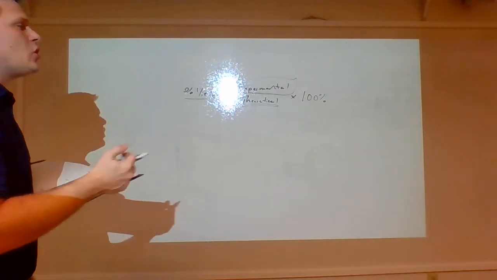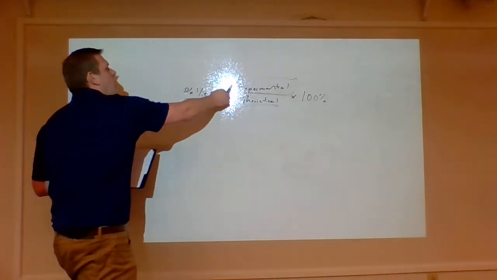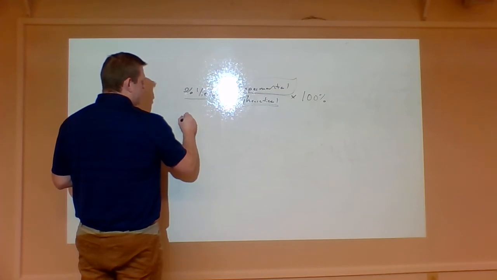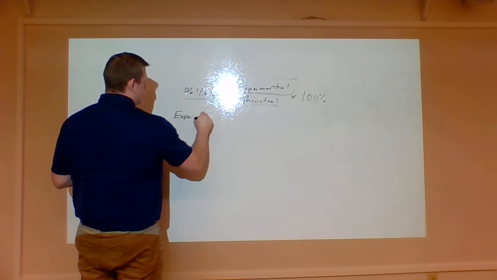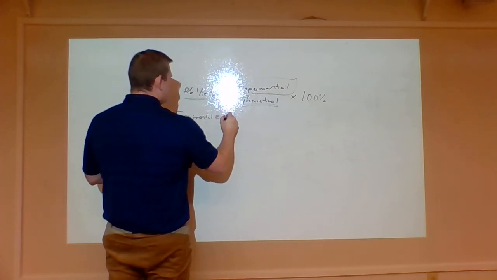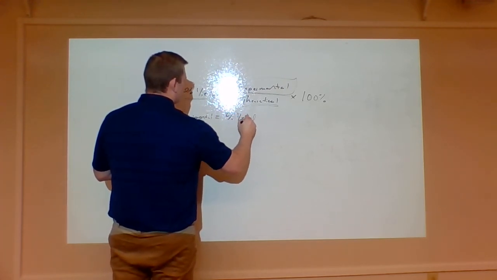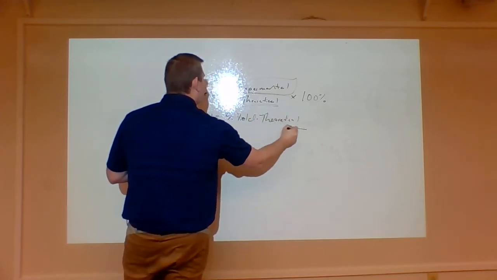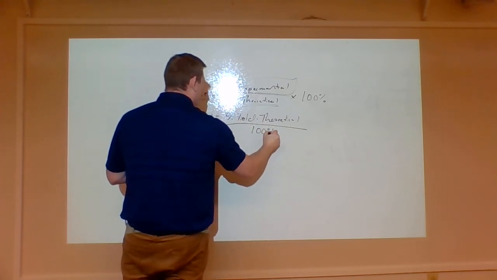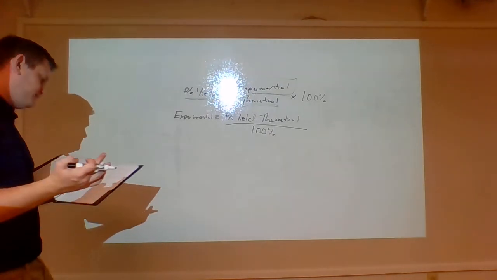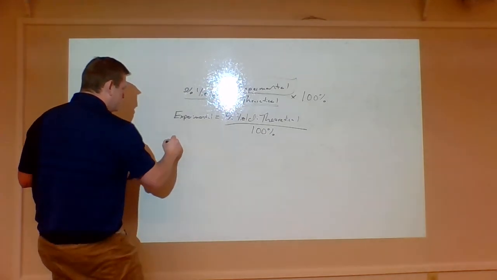So what we first want to do is rearrange the equation so that we're solving for our experimental yield. Now it says that experimental is equal to our percent yield times the theoretical, over 100%. We just rearranged the equation, so now we can plug and chug.